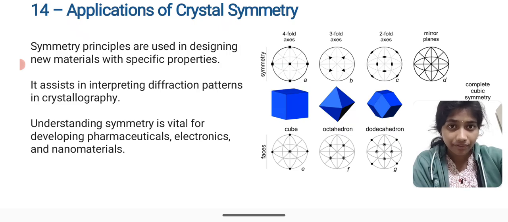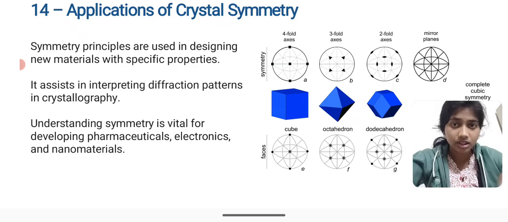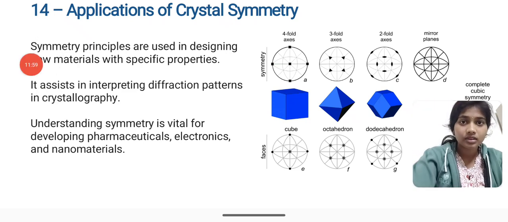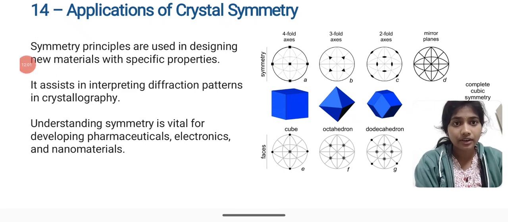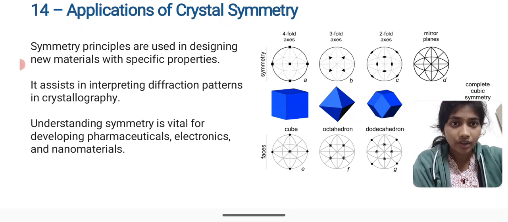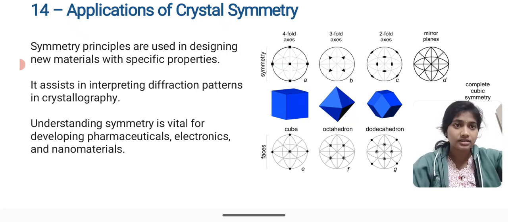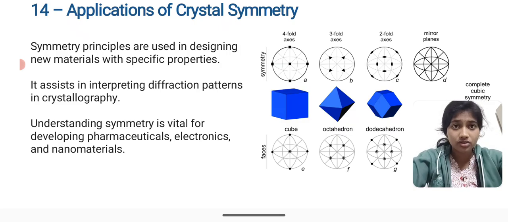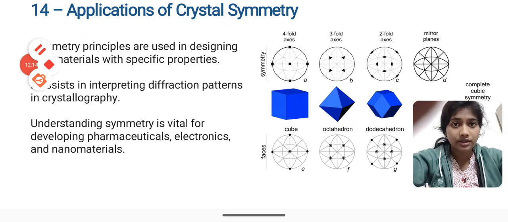In crystallography, understanding symmetry is vital for developing photonics, electronics, and nanomaterials. This is the relevant image for applications of crystal symmetry.